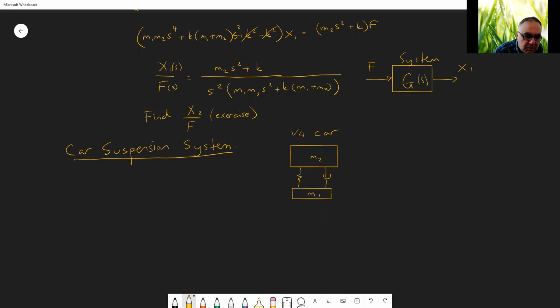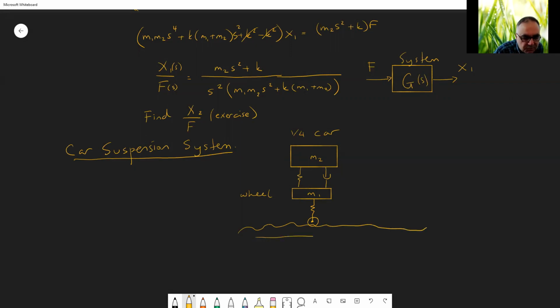This is M1. This is supposedly the wheel of the car, so that it is also modeled. And the wheel has a certain elasticity, so we model it like this. And this thing is on a bumpy road like this one.